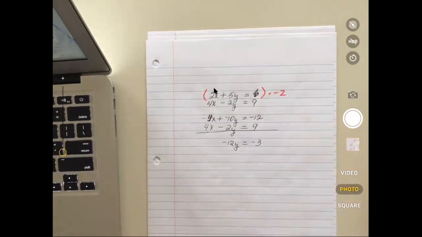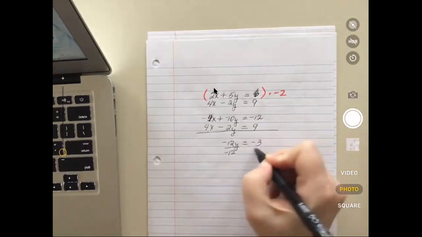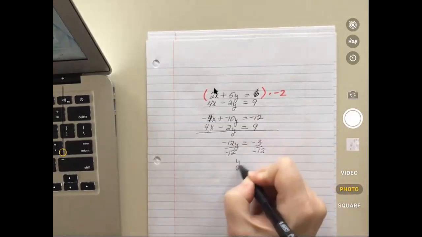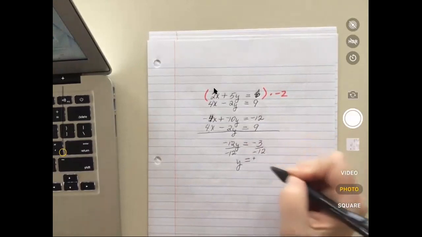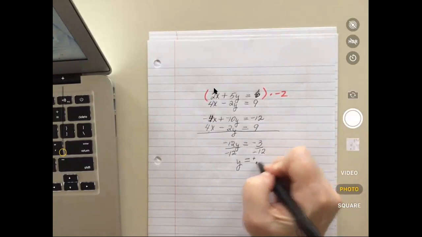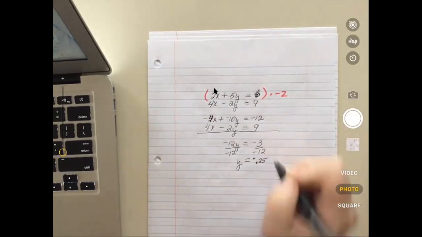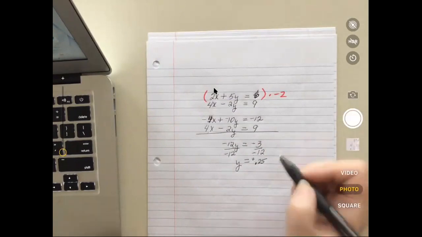And now I can get the answer for y. I just have to divide by -12. So y equals negative times negative makes positive, and 3 divided by 12, I go to my calculator, 1/4 or 0.25. I meant to make one that was a whole number, but I didn't make up a very good whole number answer.